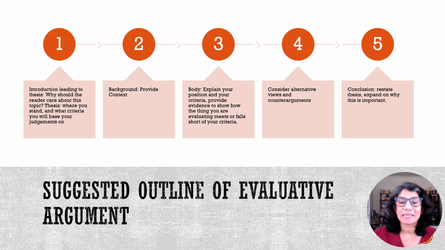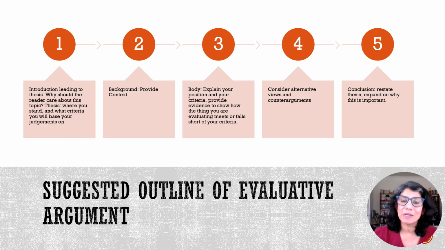As always, the second section in your paper is going to be the background. So this is where you would provide context. To continue the example of a movie review, if you are evaluating a movie, then the background would be the plot summary of the movie, quick information about the directors, the producers, if that's important, definitely who the actors are, historical context.